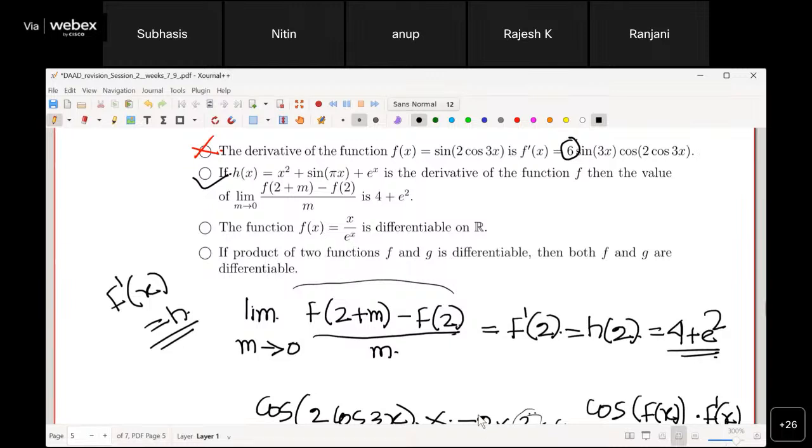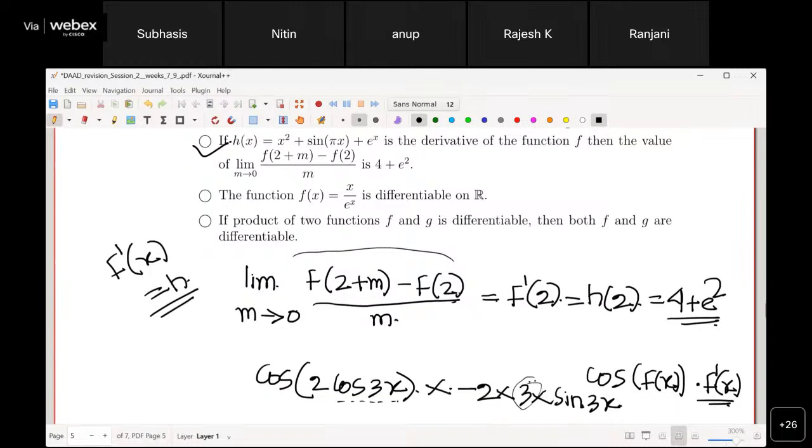Any idea? We need to check for continuity, if it's differentiable only if it is continuous. No, continuity implies differentiability. Okay, sorry, I said it wrong.